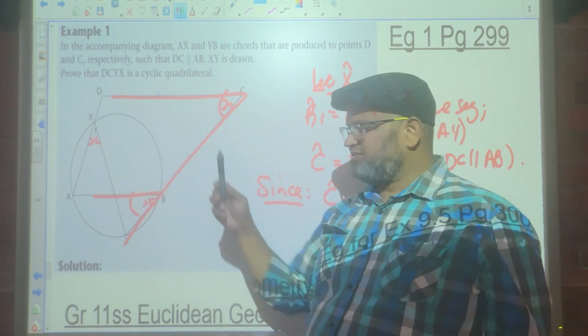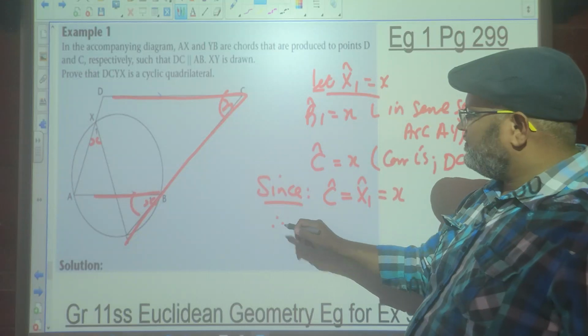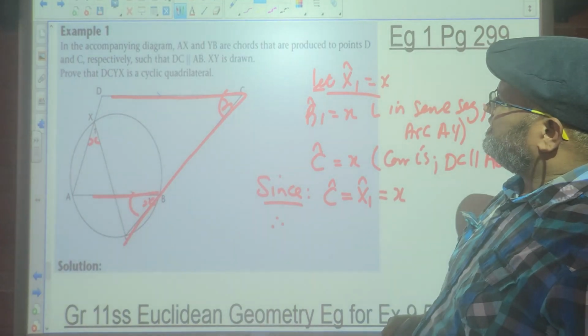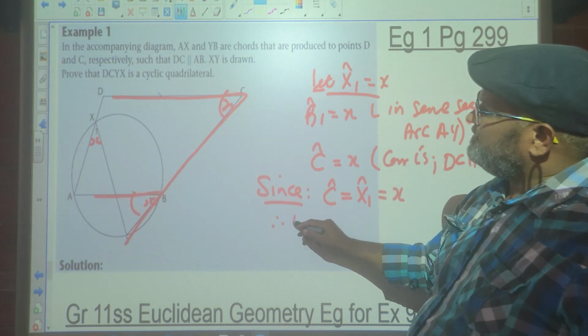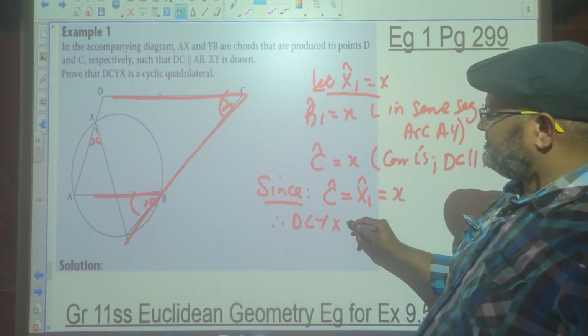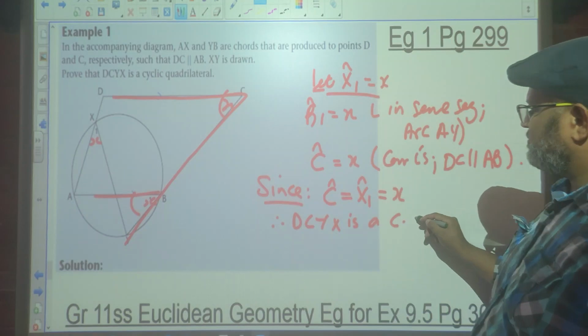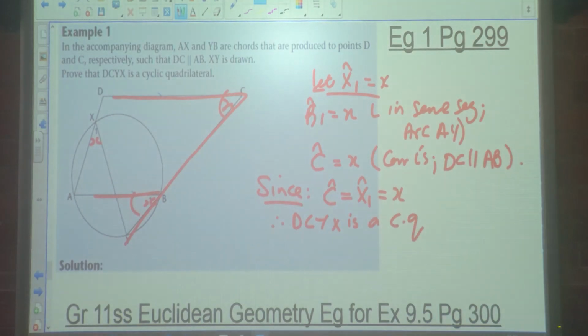Since that is the case, therefore, you answer the question, therefore DCYX is a cyclic quad. Why? Because the exterior angle equals the interior opposite. Or we could have written converse of exterior angle of cyclic quad.